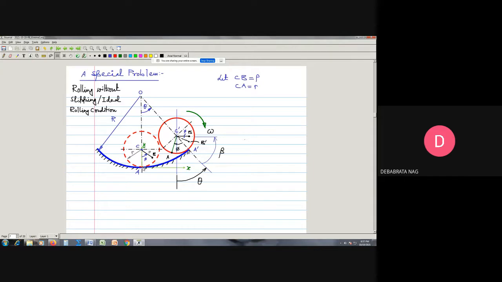We fix the inertial reference frame X and Y with its origin at point A, and we assume that the line OA is aligned along the Y axis, from where we try to locate the point B on the body. Now let us suppose that this distance CB we call rho, and the radius of this sphere or cylindrical rigid body we take to be equal to small r.